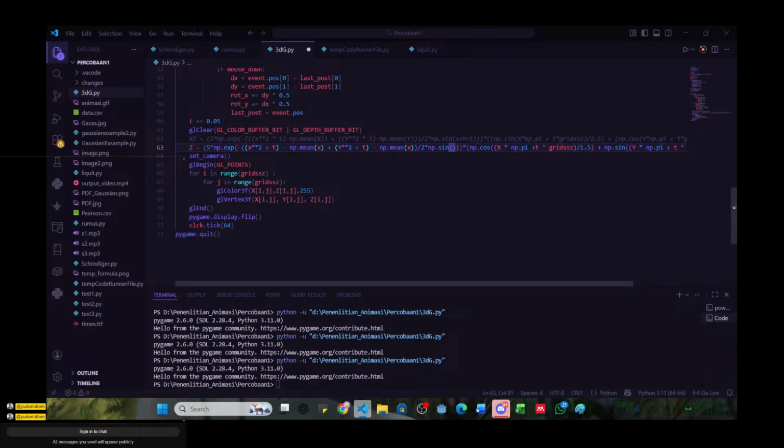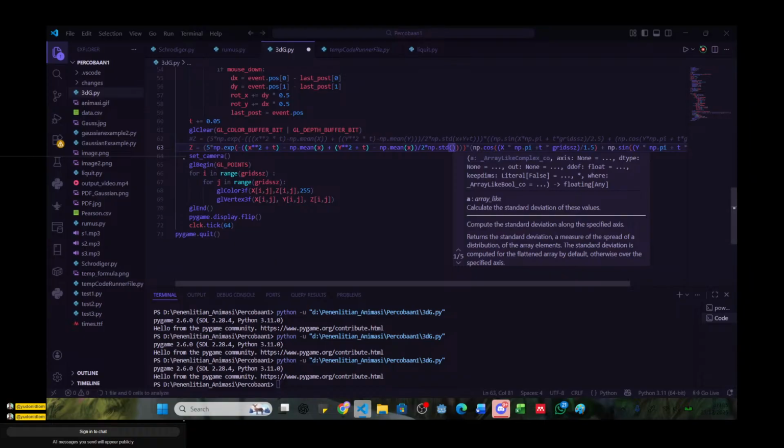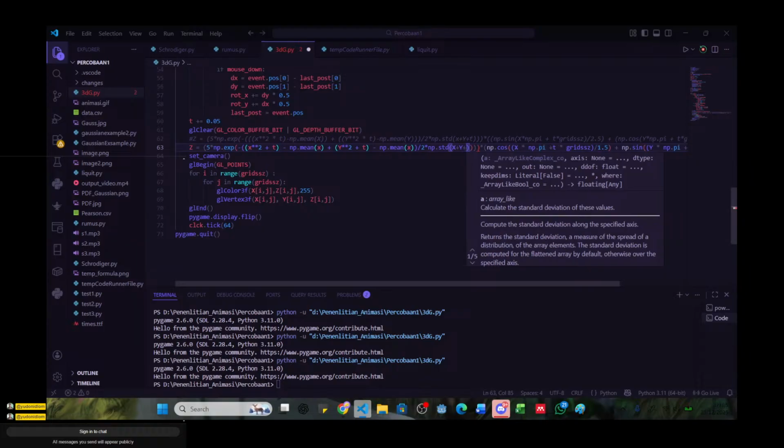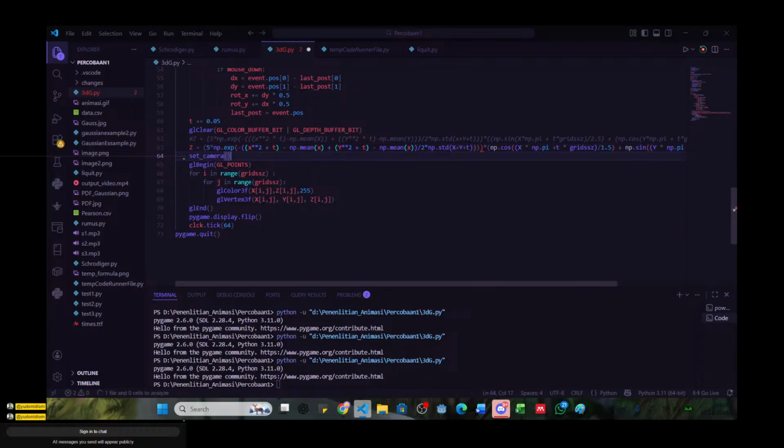Or maybe we're gonna use standard deviation instead of sin. Standard deviation of x plus y plus the time here. Why is there an error here? Okay, this error is gone.